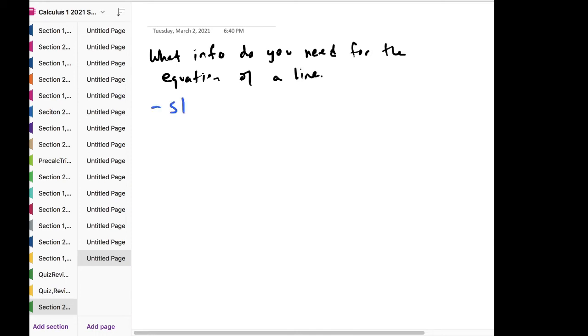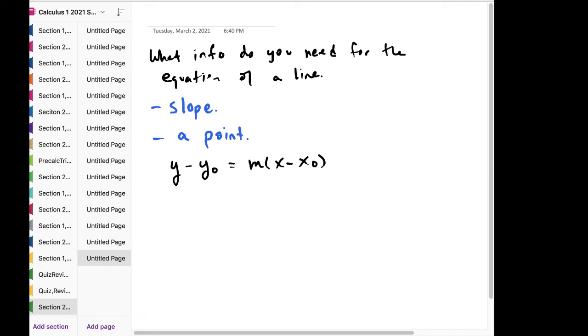And what else do you need? Good. Only a point. Right? You don't need the y-intercept. Do you know what formula of a line you could create using only a point and a slope? Yeah, point slope form. So what is the point slope form? It's y minus y0 equals m times x minus x0. So this is point slope.